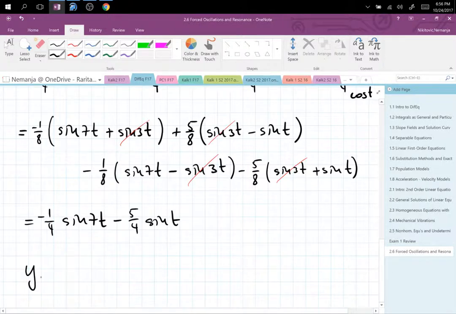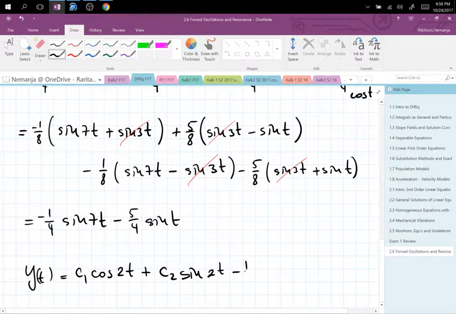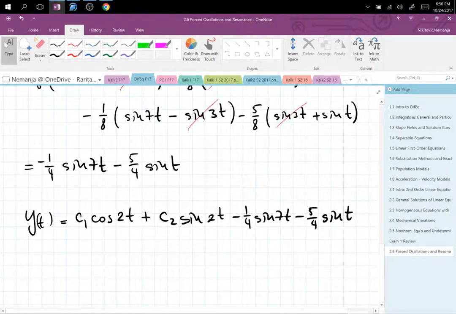So now we have our y of t is equal to c1 cosine 2t plus c2 sine 2t, minus 1/4 sine 7t minus 5/4 sine t. We can finally differentiate and use our initial conditions to figure out C1 and C2.